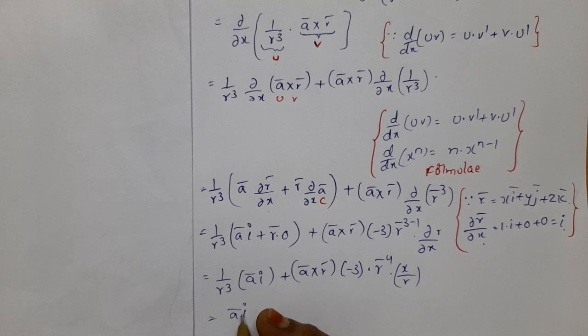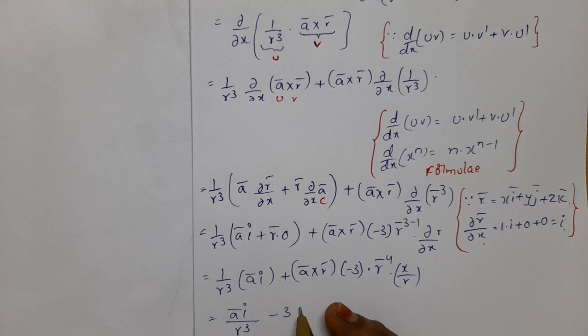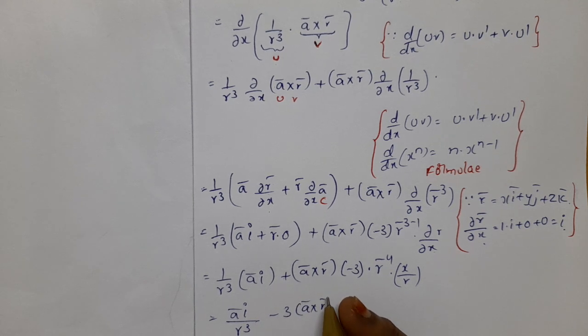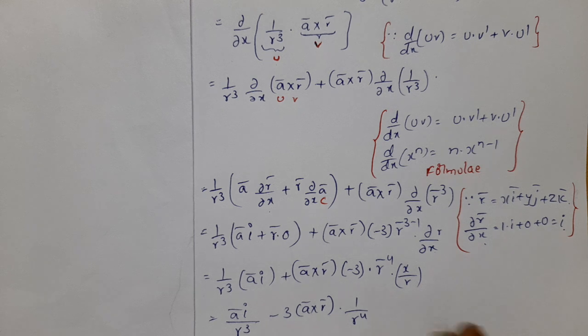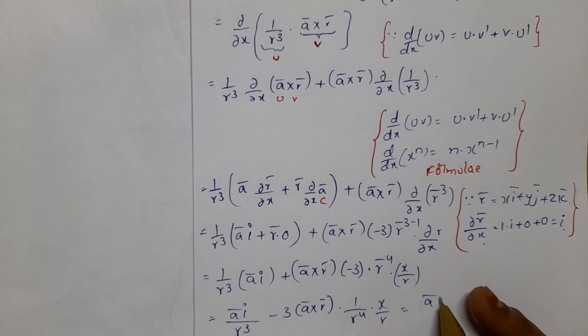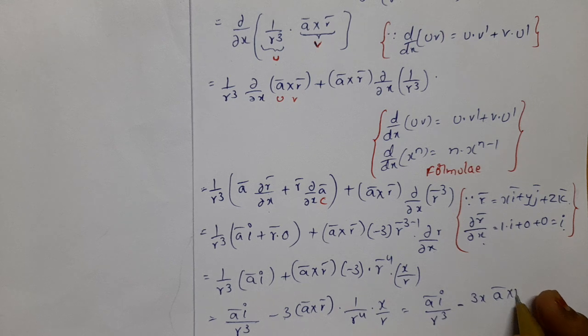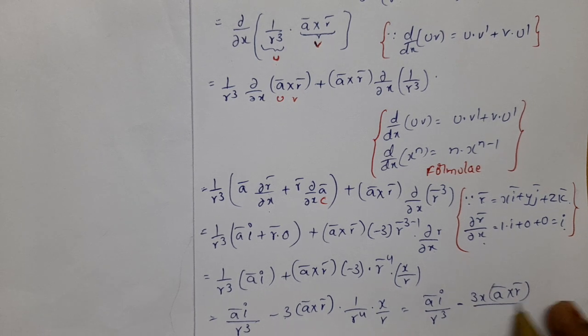So a bar cross i by r cube plus minus 3 a bar cross r bar into 1 by r power 4 into x by r. This is equal to a bar cross i by r cube minus 3x a bar cross r bar by r power 5.